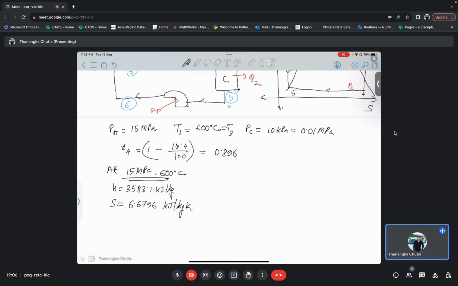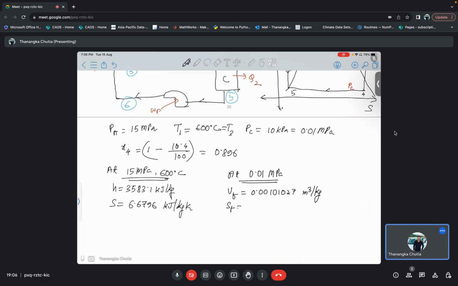Okay, and then at 0.01 megapascal, you will look at the table. I am just writing the values. Vf will be equal to 0.01027 meter cube per kg.